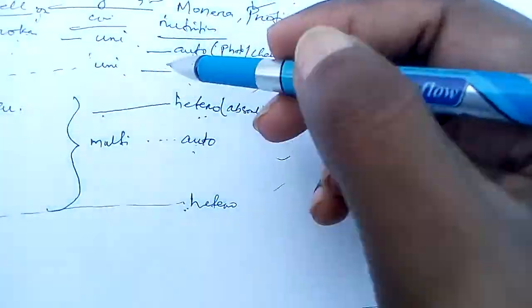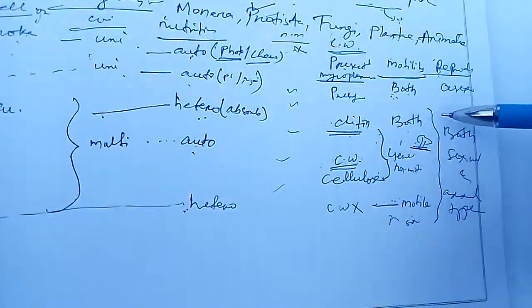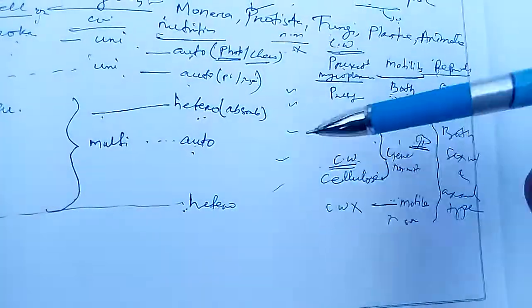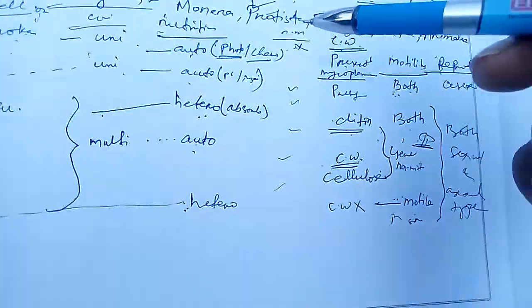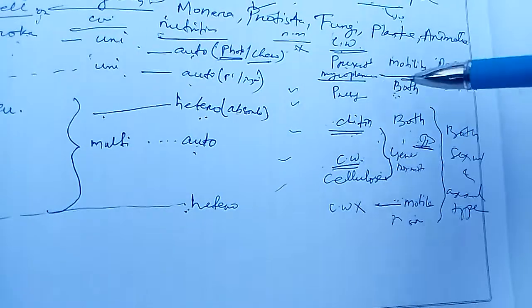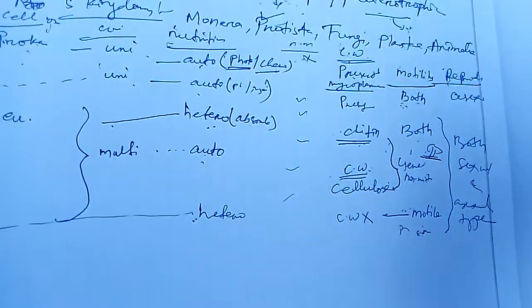So these are some distinguishing characters from Monera to Animalia: their type of cell, nutrition, cell wall, nuclear membrane, motility, reproduction, etc.